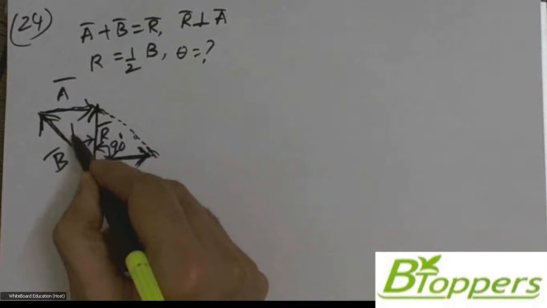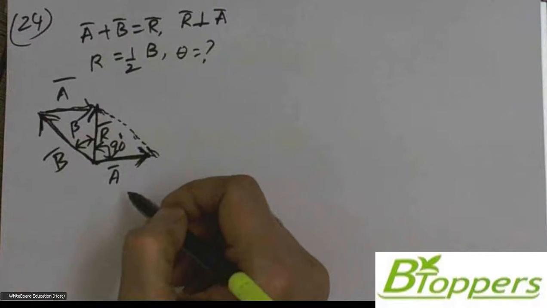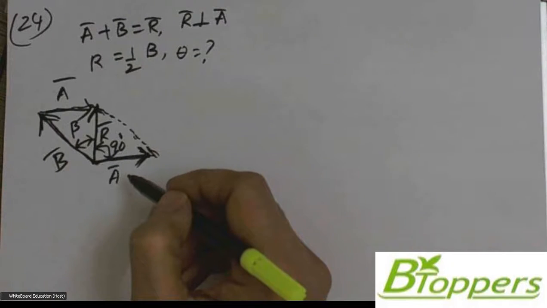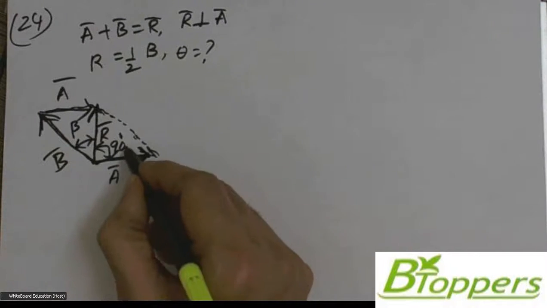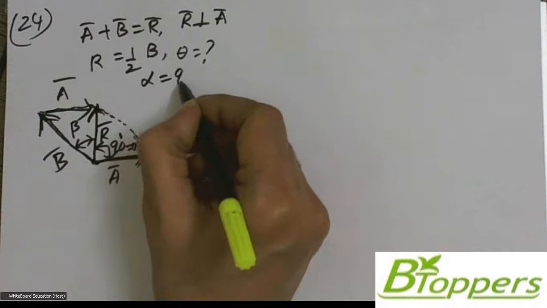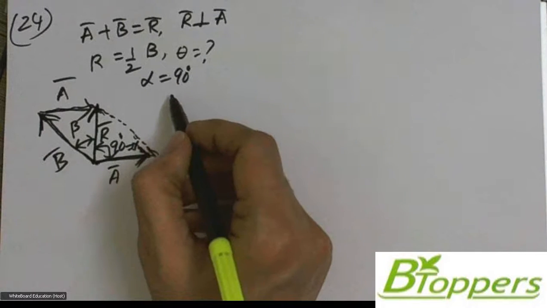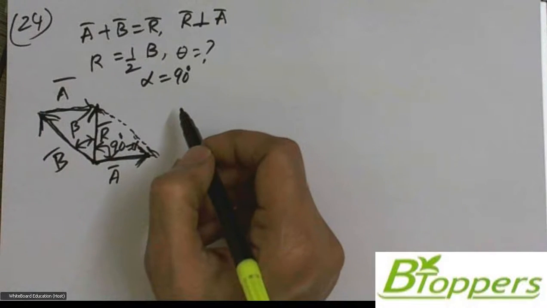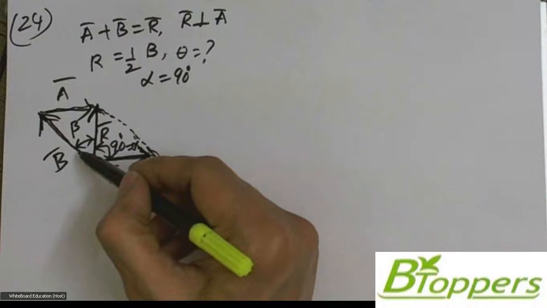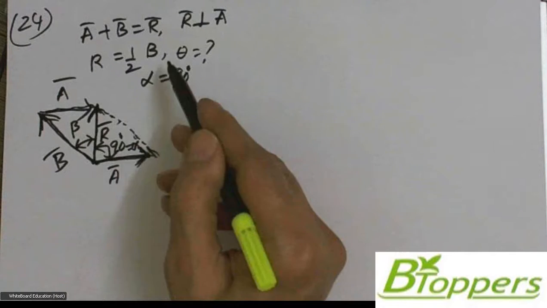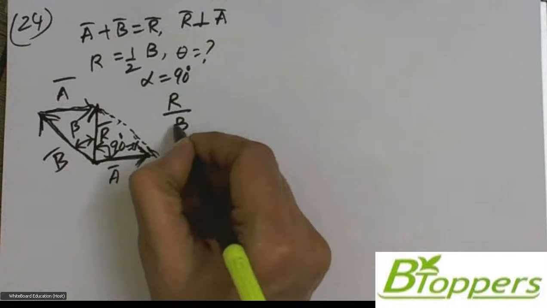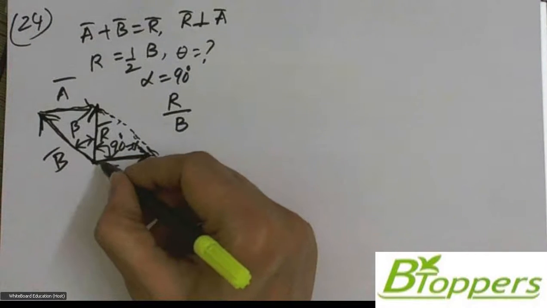Call this angle beta. So the angle between the vectors A bar and B bar can be written as alpha plus beta. Here alpha is the angle made by the resultant with the first vector A bar, that is given to be 90 degrees. You are given the magnitude of the resultant in terms of magnitude of B bar. So from the figure, you can write R by B, that is magnitude of the resultant divided by magnitude of the vector B bar.